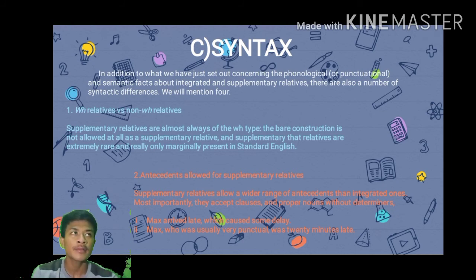And in the second example, the antecedent of who is Max. We understand that Max was usually very punctual. Proper nouns normally appear with integrated relatives only if there is a determiner, as in: He is not the Max I was referring to.